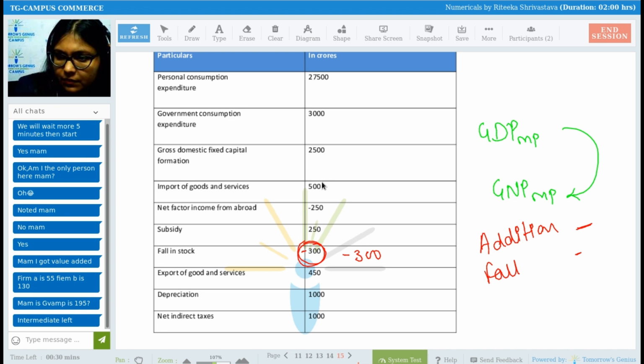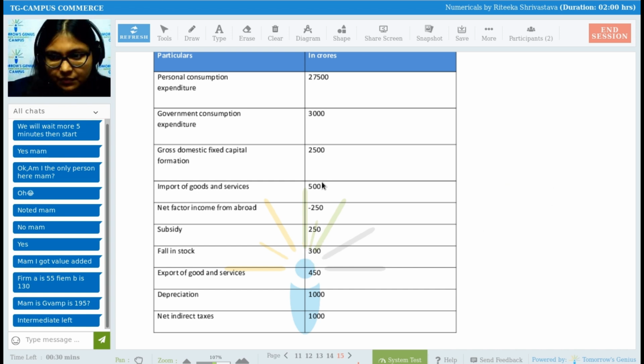Small error. GDP. Sorry. Very small error.